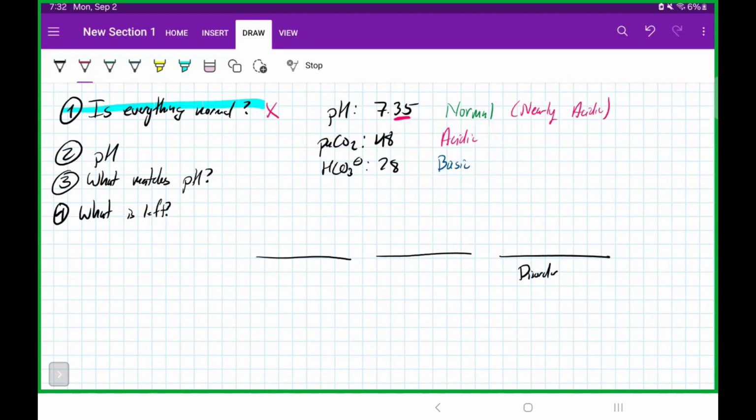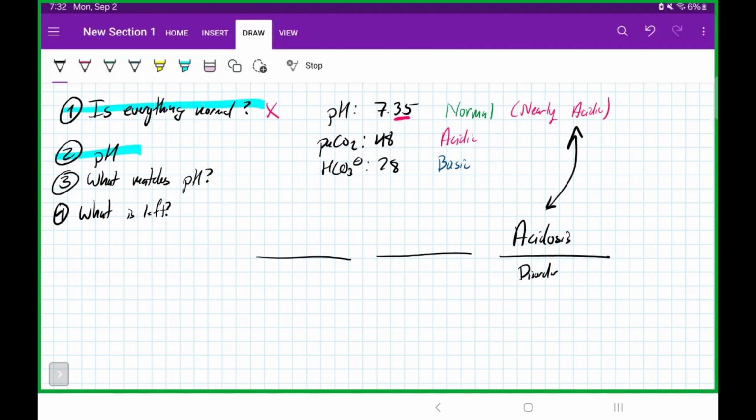That's the difference between holding your breath for another few seconds. So we're going to say this is nearly acidic. And just like in our previous question, we get to 2 pH here. That means that our disorder is acidosis. Remember that our disorder and our pH always match each other.